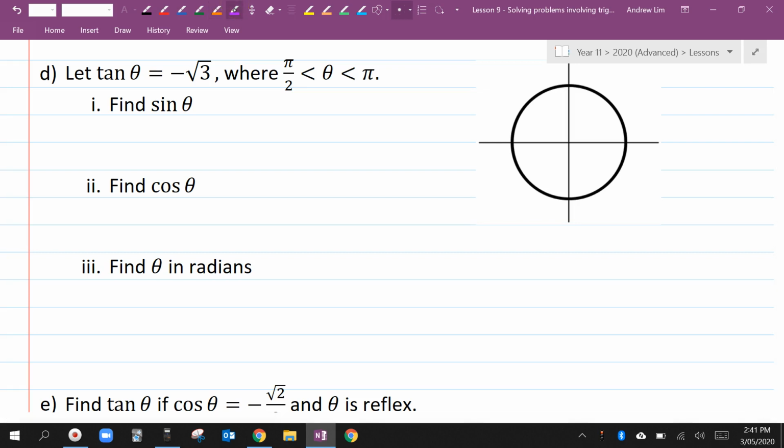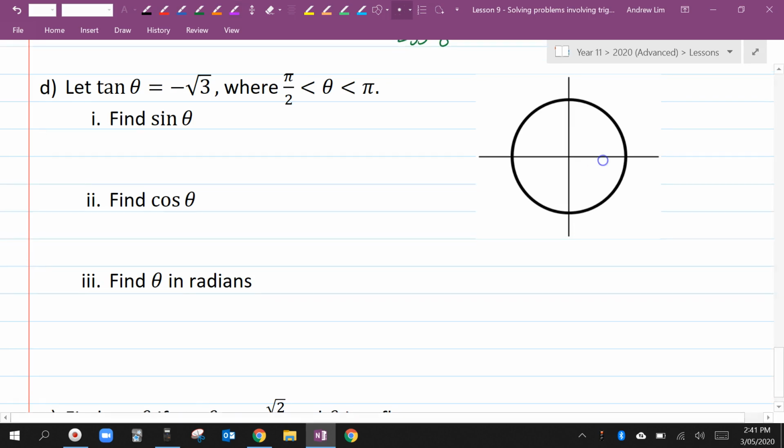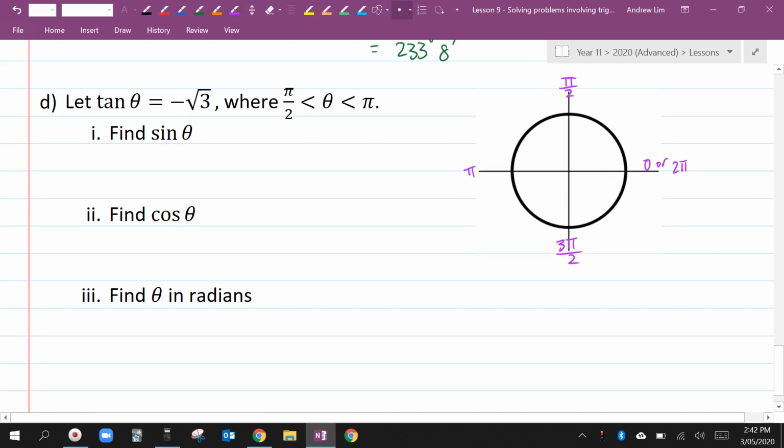Okay, so here it says let tan theta equal negative root 3, where theta is in between pi on 2 and pi. So we know this is 0 or 2 pi. This is pi on 2. This is pi. And this is 3 pi on 2. So it's between pi on 2 and pi, so it's going to lie in the second quadrant.